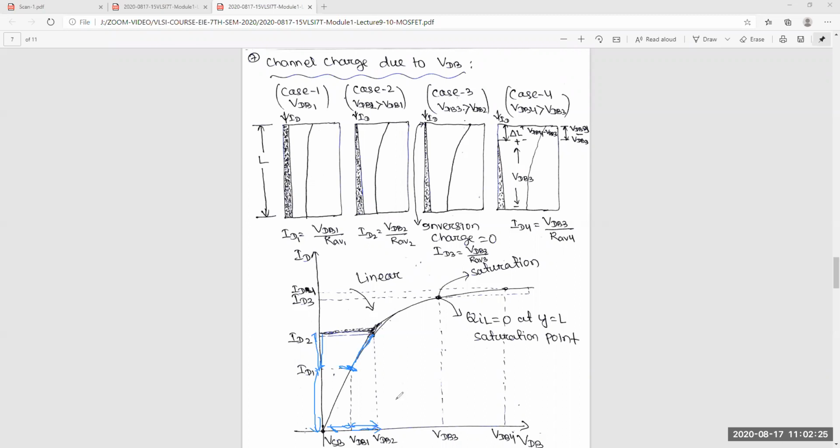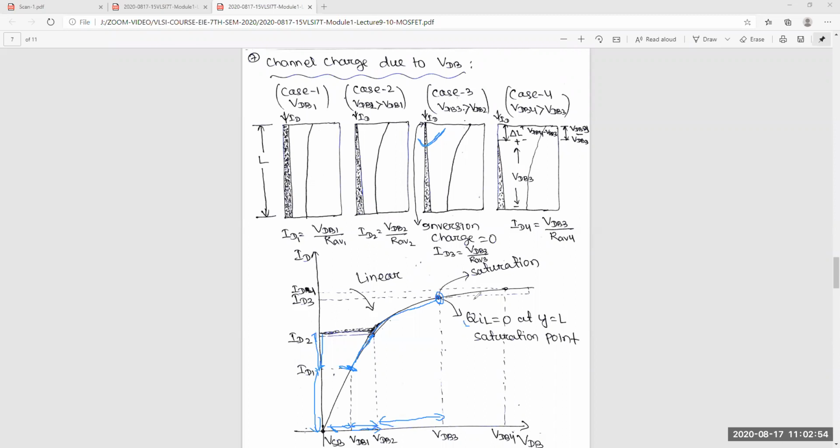Yes, sir. So again, if you increase voltage VDB beyond the threshold point, ID3 will increase in this way. If you plot this, it will come to this point. At this point, this voltage is VD3. This is called the threshold point, saturation point, pinch off point, whatever you like.